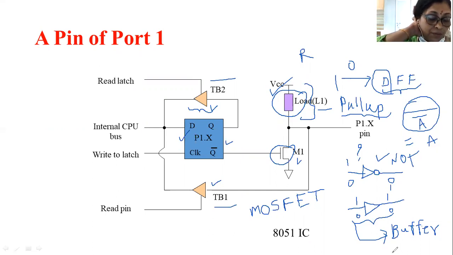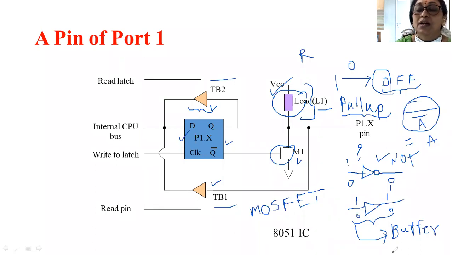Basically, there are two operations related to the port pin. One operation is reading from the port pin, and the second is writing on the port pin. We are going to study these two operations in detail in tomorrow's lecture, because today we will not be able to complete it.